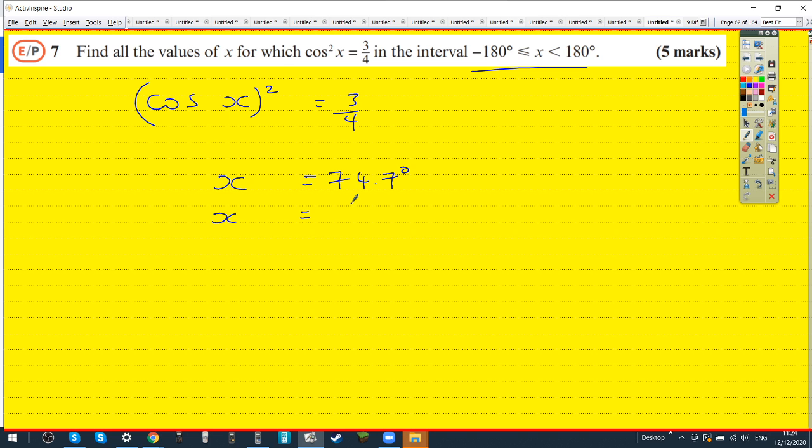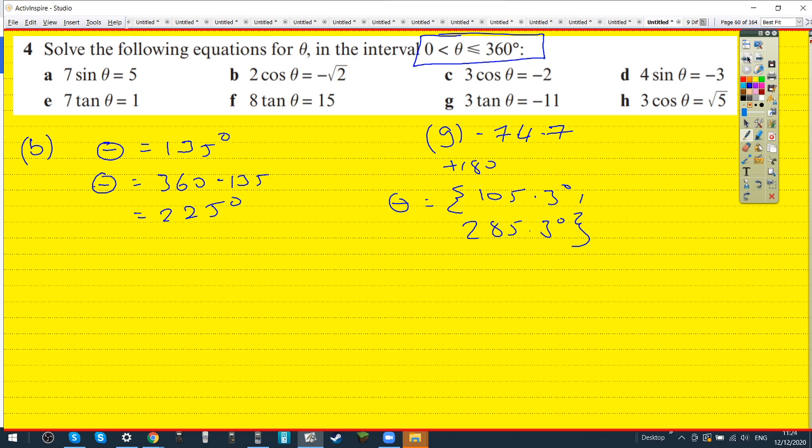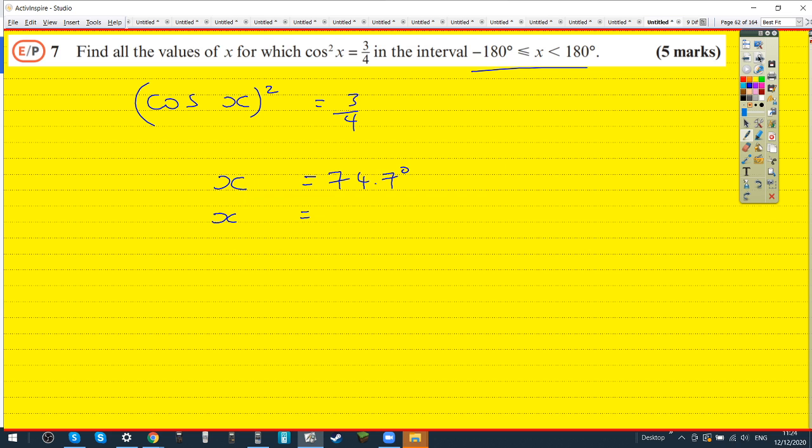Oh, it's 180 because it says 180, right? That's not the normal way for cos. How did we do the cos one for part B? You did 360 minus the number, which gives you 285.3. So now let's try to get extra answers in the range.